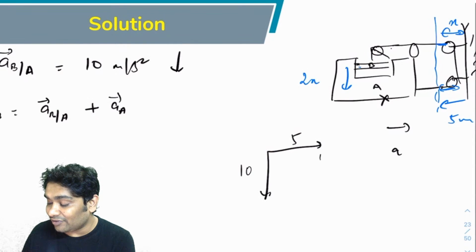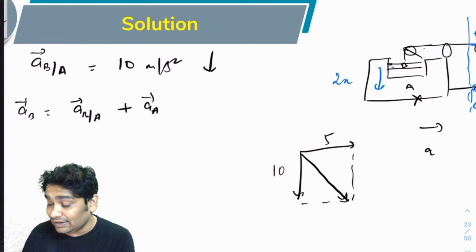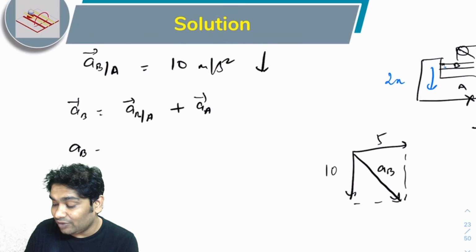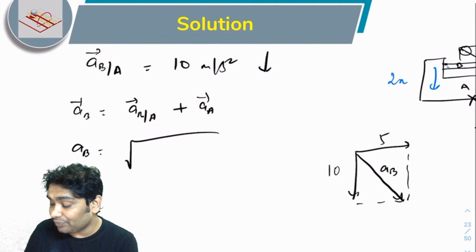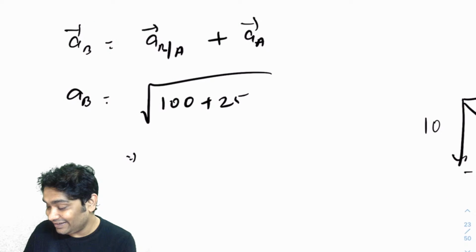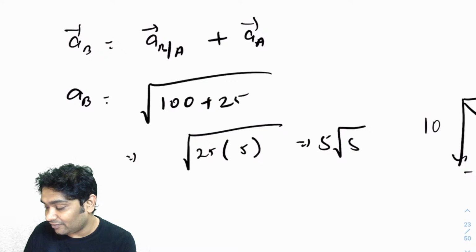So the resultant, of course, would be this, and a_B would be equal to root of 100 plus 25, that is root of 25 common, 4 plus 1, 5. So actually the answer is 5 root 5.